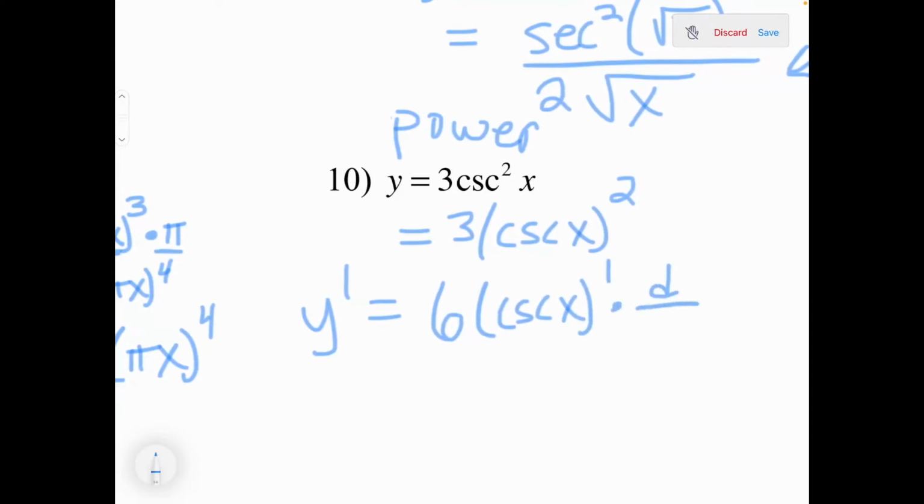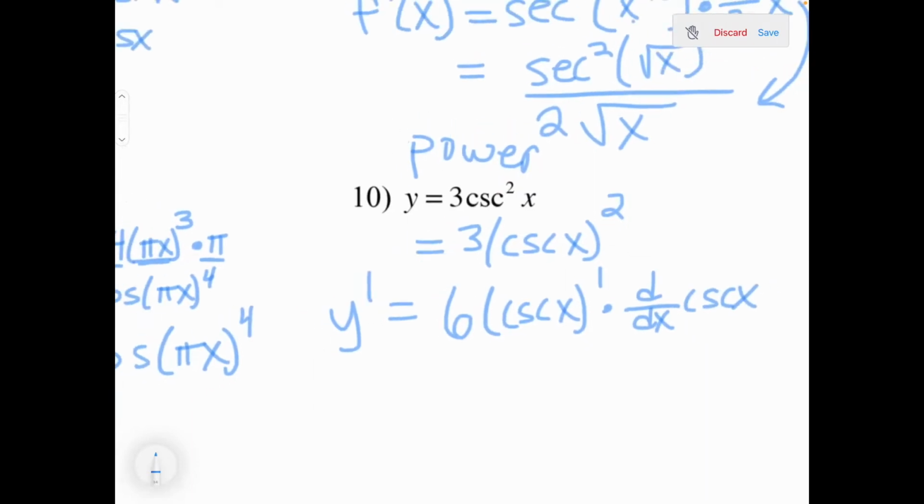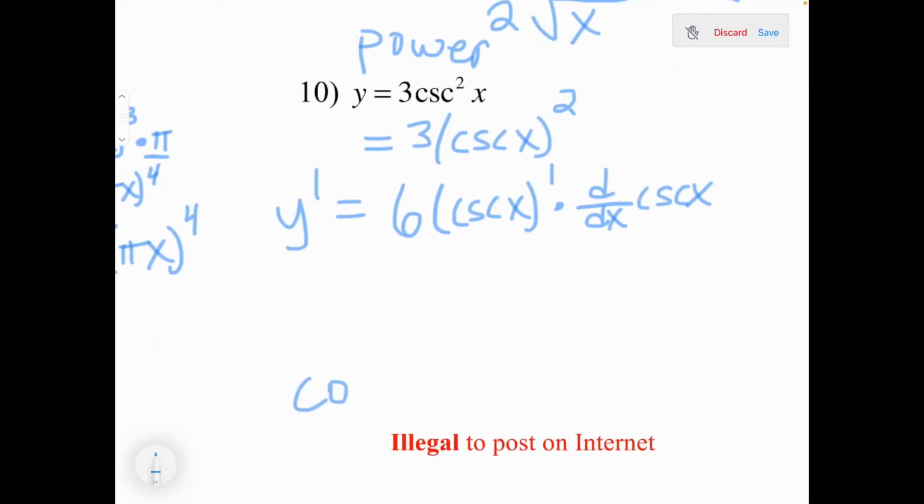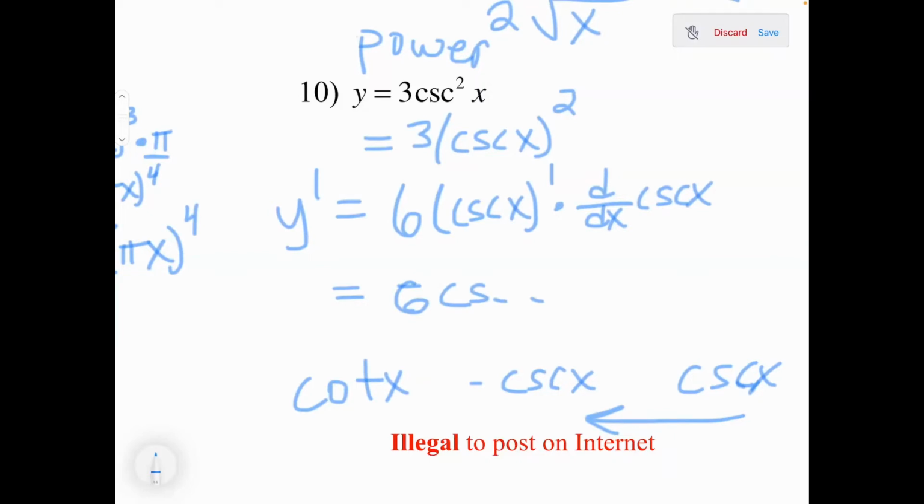And now we're going to multiply this by the derivative of the inside function, which is cosecant x. Remember, we wrote this down earlier. We wrote down cotangent x, negative cosecant x, and cosecant x. So the derivative of cosecant, if we were to go this way, would be negative cosecant x, cotangent x.